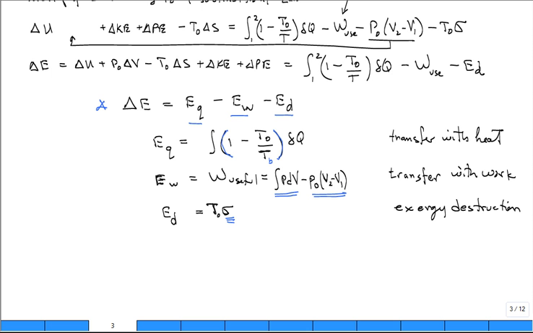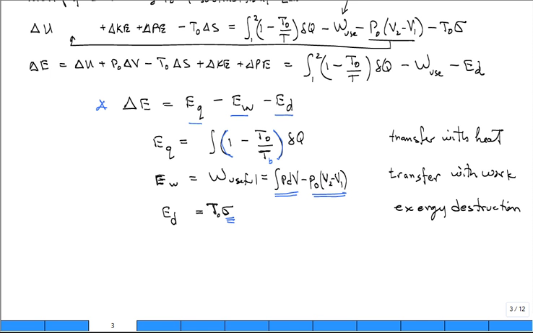When do you have sigma greater than 0? When there are irreversibilities. What are sources of irreversibilities? Friction, heat transfer through a finite temperature difference, and flow through a restriction, flow through a pressure difference. When is sigma equal to 0?